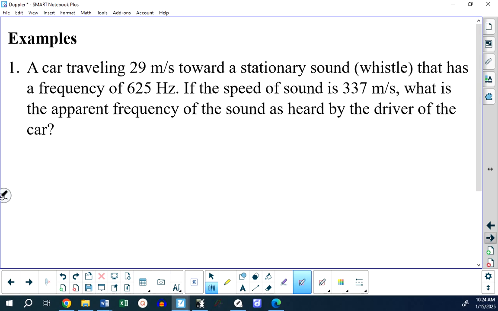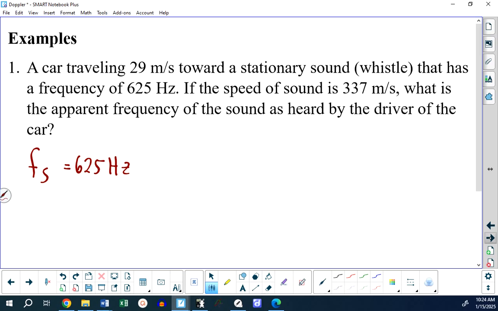So let's take a look at a couple of examples. A car is traveling towards a stationary source of sound. The frequency of the sound is 625 hertz. That's the frequency of the source. And right away, everybody, you'll notice the source is not moving.